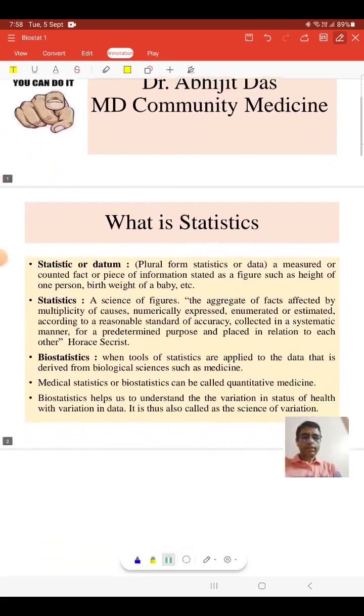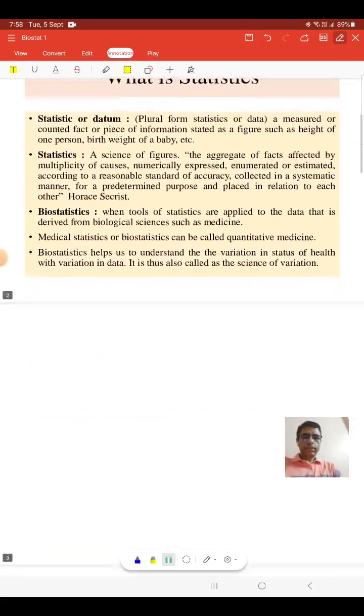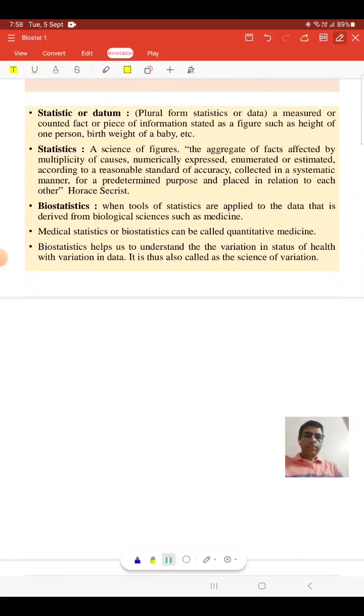So what is statistics? You see here, the term is statistic or datum. Statistics is actually the plural form, statistics or data.